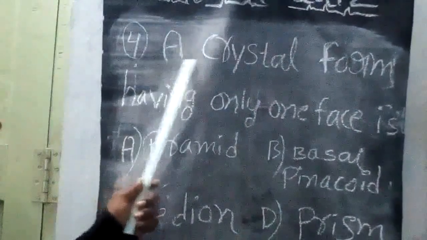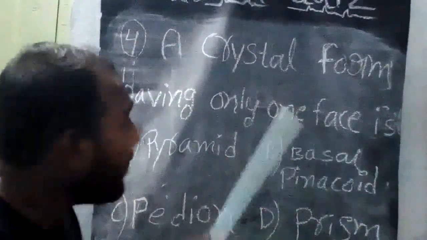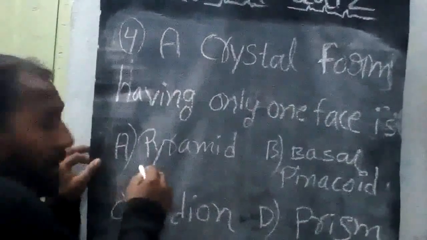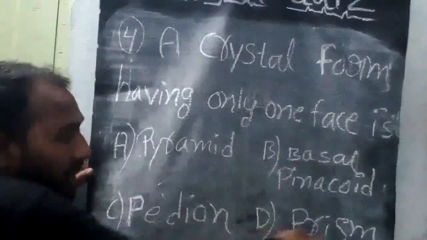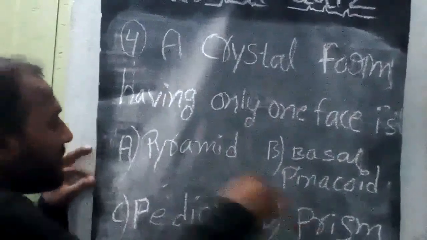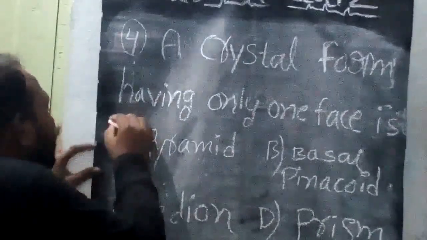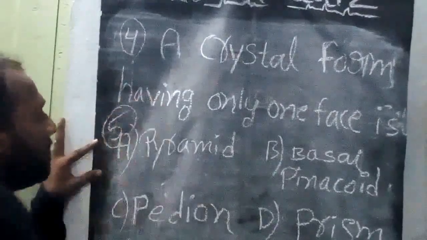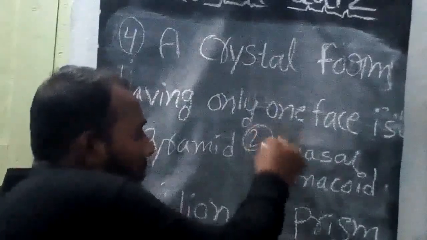Next, the fourth question: a crystal form having only one face is called: option A, pyramid; B, basal pinacoid; C, pedion; D, prism. Which one is the correct answer? Pyramid has several faces, so this is wrong. Basal pinacoid has 2 faces, so this is also wrong.